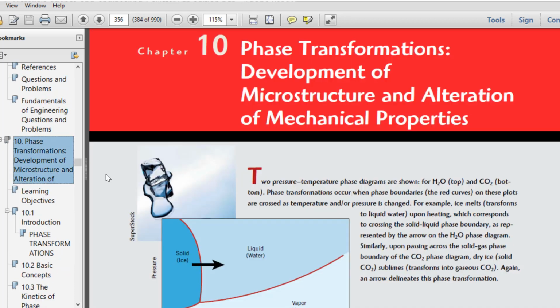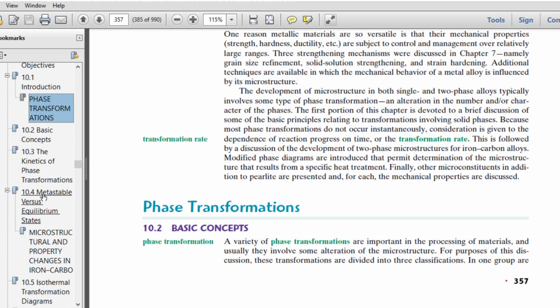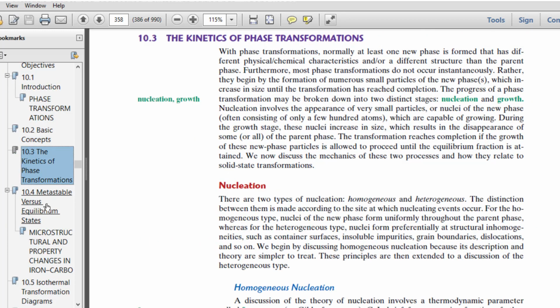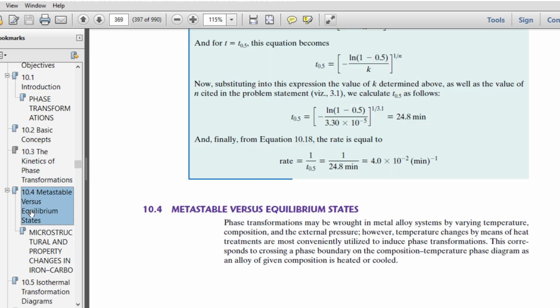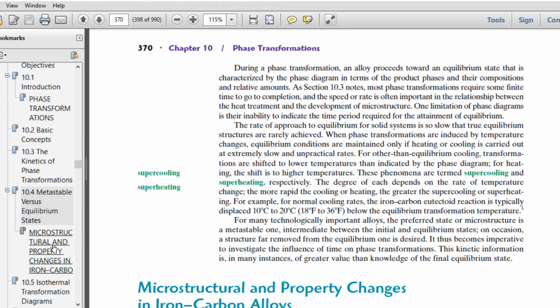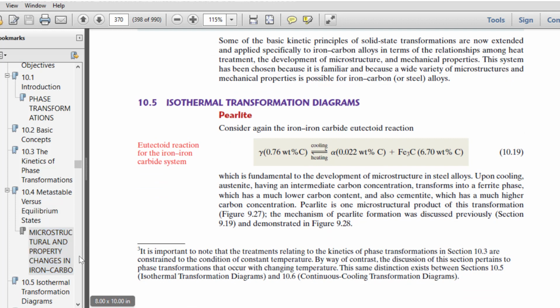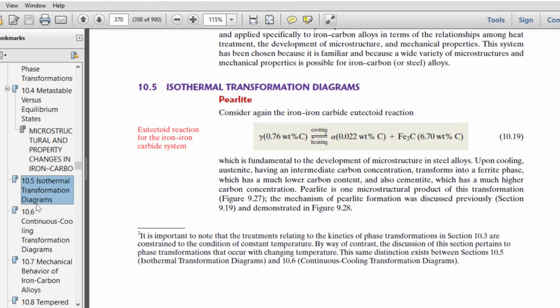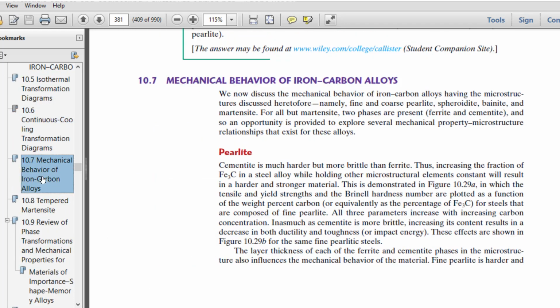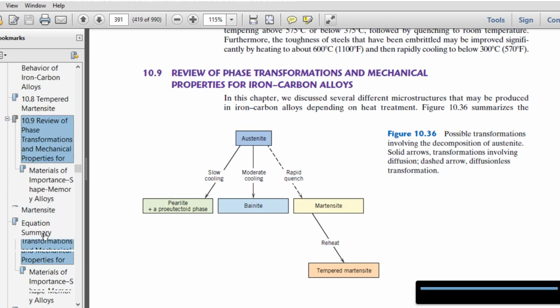Now chapter 10. So chapter 10, phase transformation, development of microstructure and alteration of mechanical properties. So in chapter 10 also this is related to phase diagram only, and here it talks about nucleation, growth. Okay, so chapter 10 is also very important and you have to read it completely.